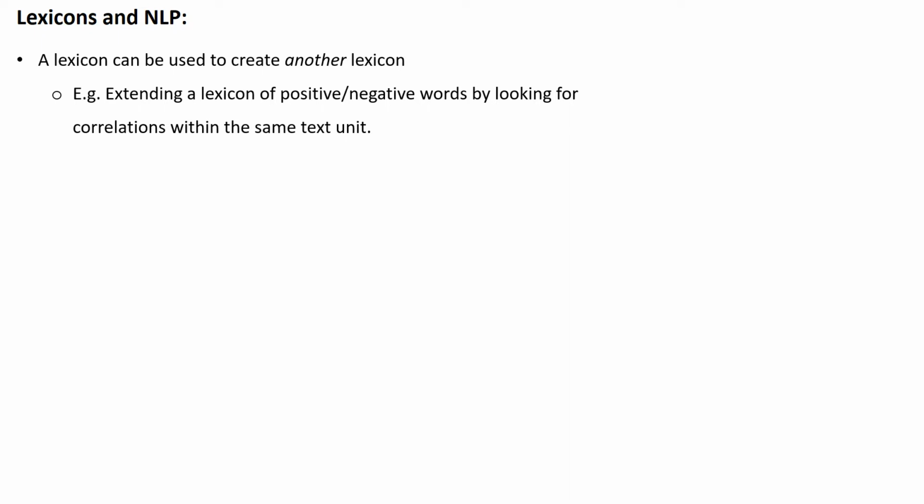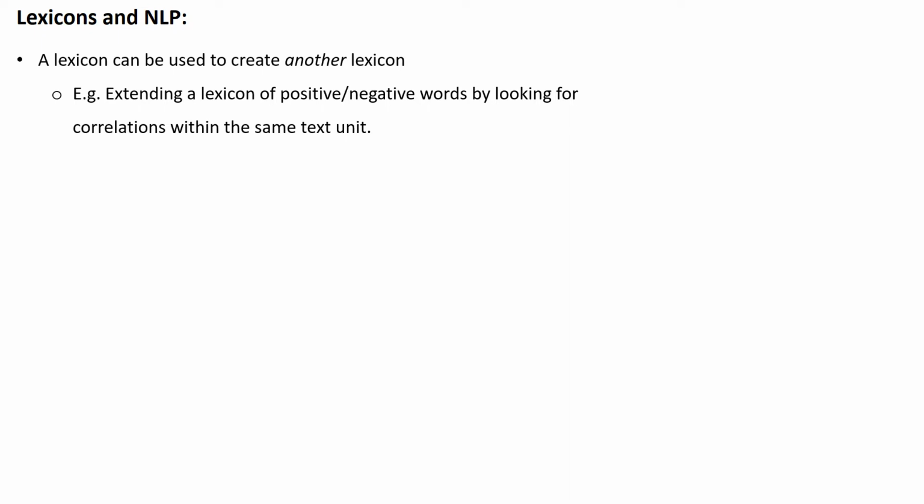This means that the computer will look for the positive and negative words as defined by us humans in the lexicon, and then it will check what kind of words tend to co-occur with said positive and negative words. And it will infer that since these kind of words tend to co-occur with the positive or negative word, they must have approximately the same kind of valence.